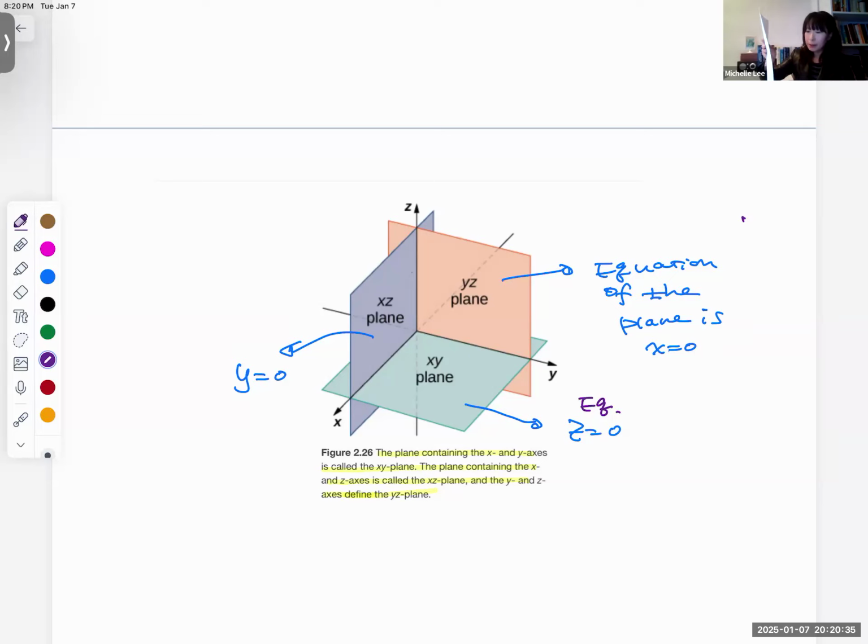The equation is x equal to 0. So the x-axis here, right? And then we say the equation is x equal to 0. Here, x equal to negative 10. Here, x equal to positive 7, right? Make sense? Because this YZ plane is moving along the x-axis. Can you see that?